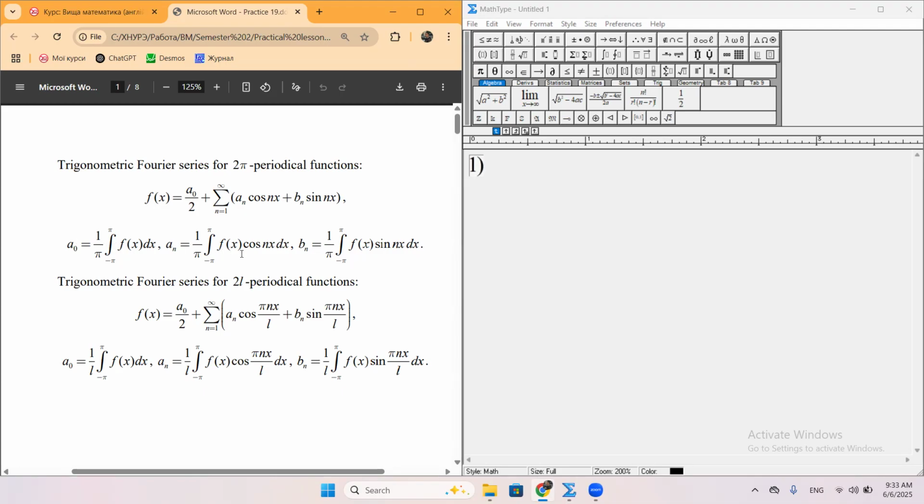An is found as an integral of f of x multiplied by cosine of nx, divided by p, and bn is found as the integral of the product of f of x and sine of nx, divided by p. So that's how these coefficients are found.